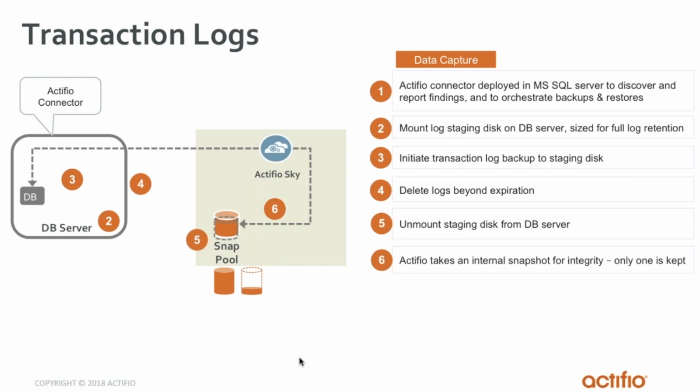Now, this snapshot is for integrity. And what I mean by that is, if you have a job that, say, fails for some reason, well, part of our failure process is to roll back the changes. The way that we do that is by having a snapshot of the last successful job, and we can use that to roll back the full disk to look like the last successful point in time.